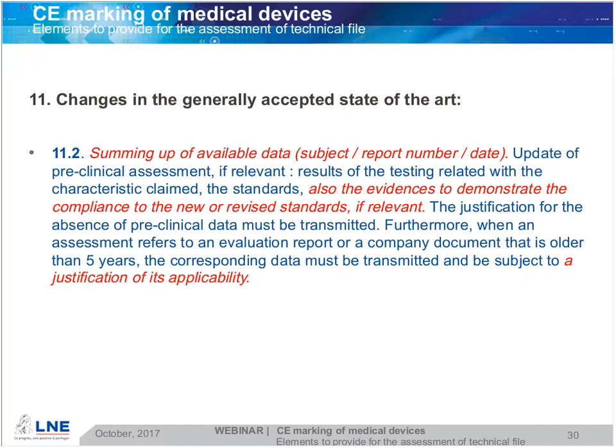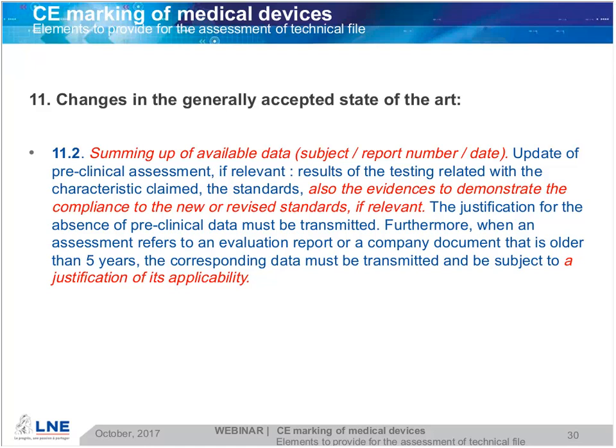Summing up of the available data. Update of preclinical assessments if relevant. Results of testing related to a characteristic claim, the standard. Also the evidence to demonstrate compliance to the new or revised standard if relevant. The justification for the absence of preclinical data must be transmitted.